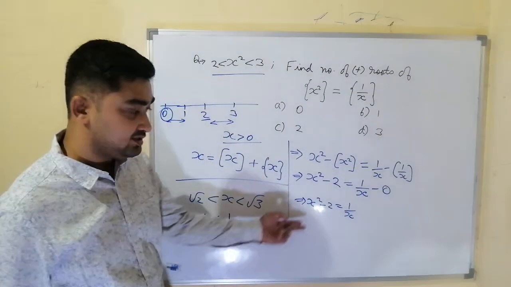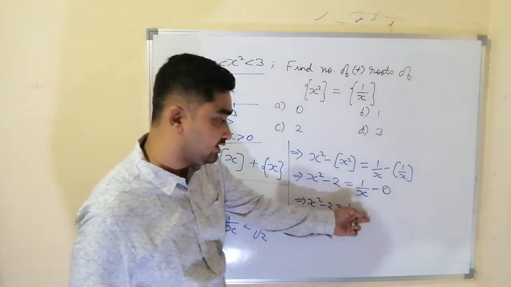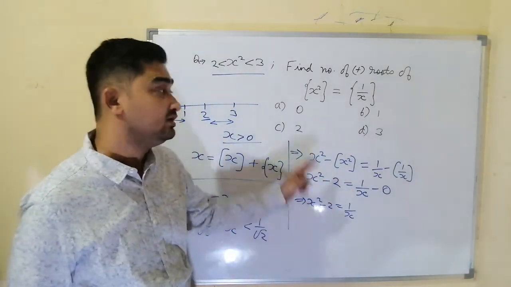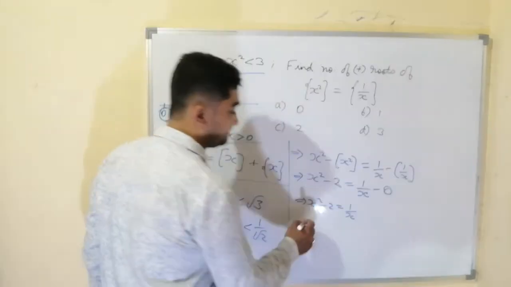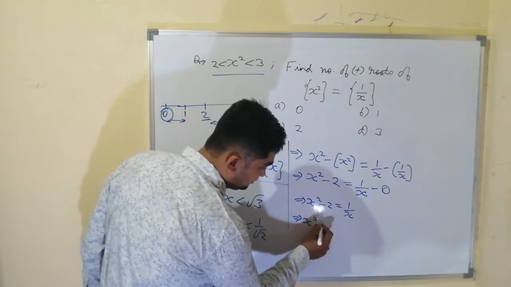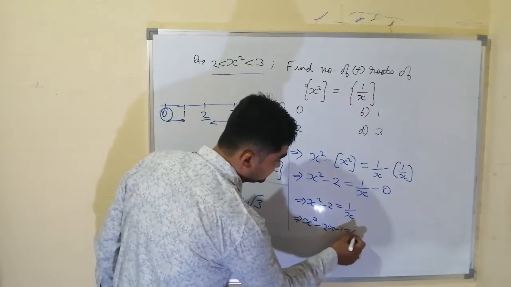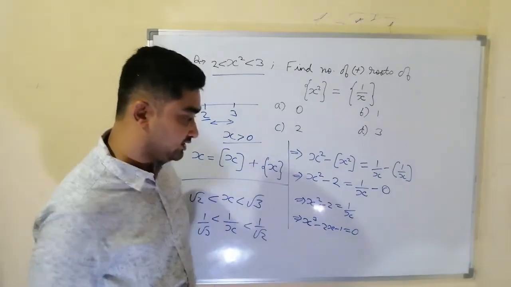Now it is a very easy problem. Now we have to cross multiply and we have to find the number of roots of this equation, keeping in mind that we have to find the positive roots only. Then we can cross multiply. After cross multiplying, we will have x cube minus 2x minus 1 is 0.